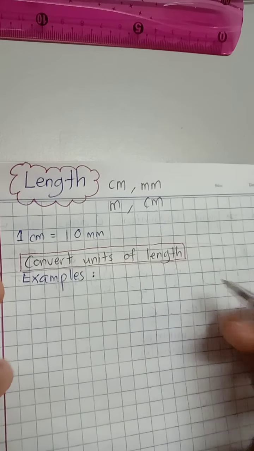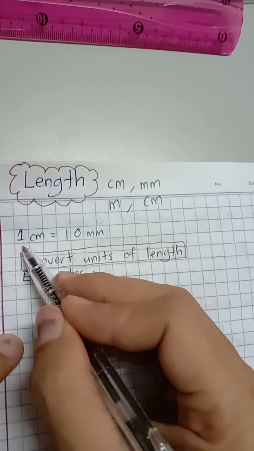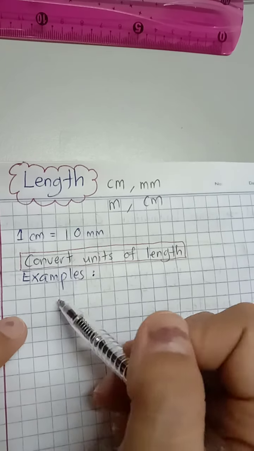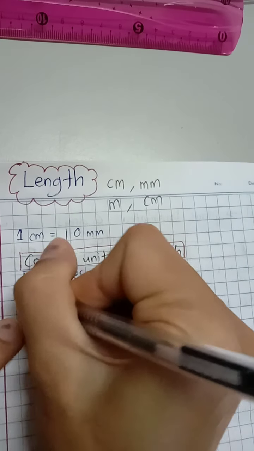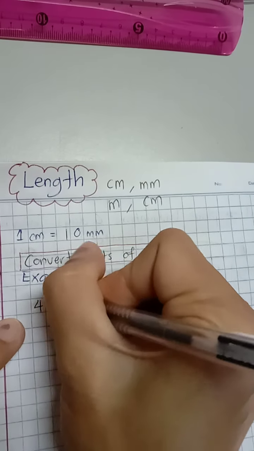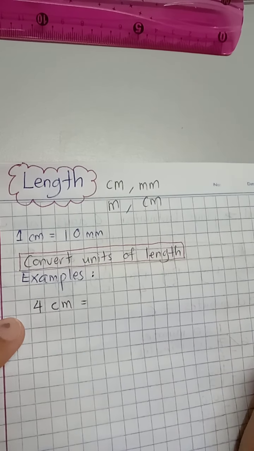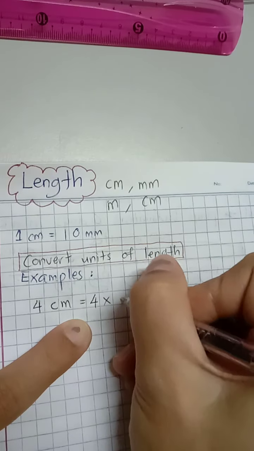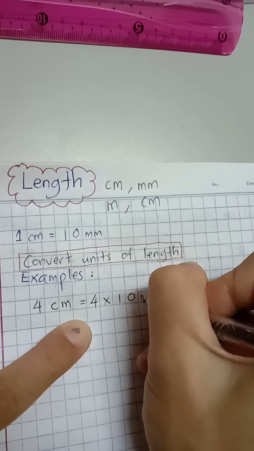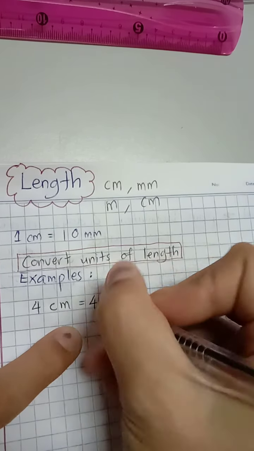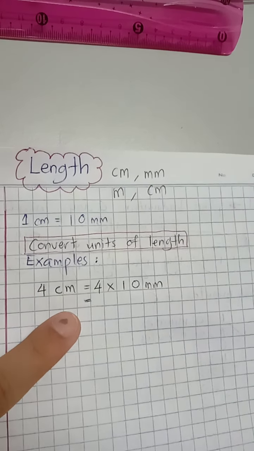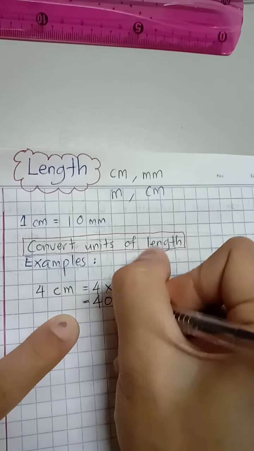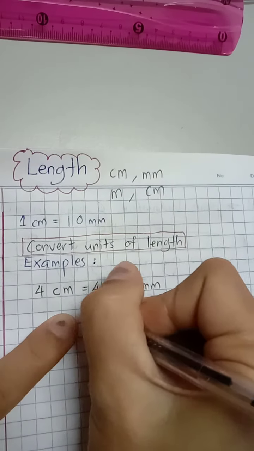So let's say you know that 1 centimeter is 10 millimeters. So if it is 4 centimeter, that will be 4 times 10 millimeters. That's how you get the answer, 40 millimeters.